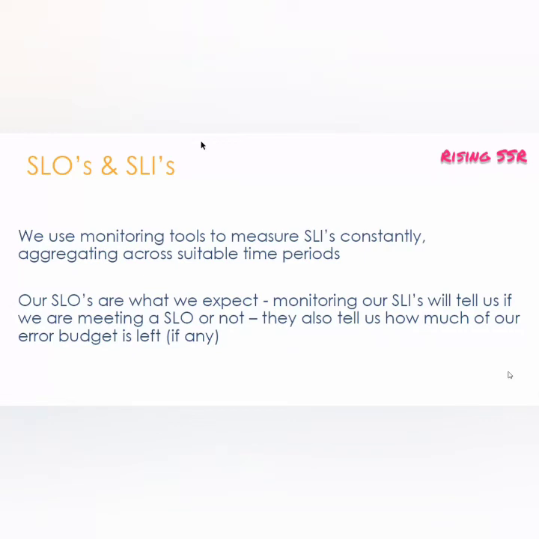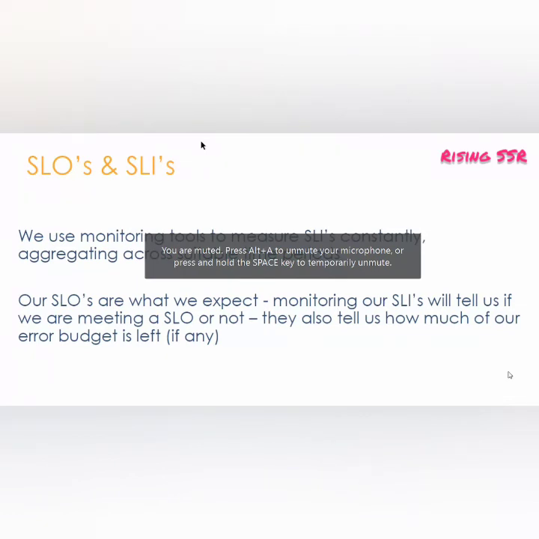So you can set up a service level objective that my CPU should not go beyond 80%. That is your service level objective. So how are you monitoring this service level objective? For monitoring this, you have to monitor the CPU utilization for one server or for a suite of servers, right?